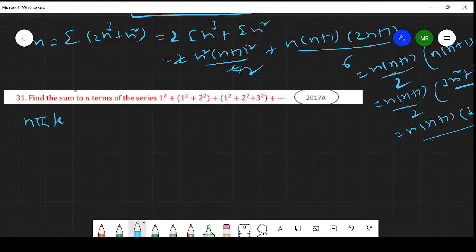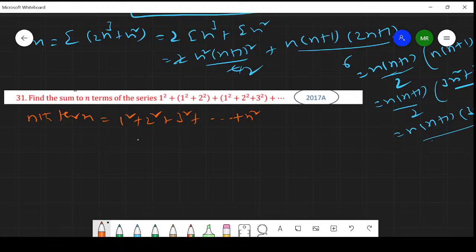Just think about what the nth term of the given series is. The nth bracket will be 1 square plus 2 square plus 3 square and so on plus n square. How, sir? The first bracket has only 1 term, the second bracket 2 terms, the third bracket 3 terms, consecutive squares. The nth bracket has n terms from 1 square to n square.